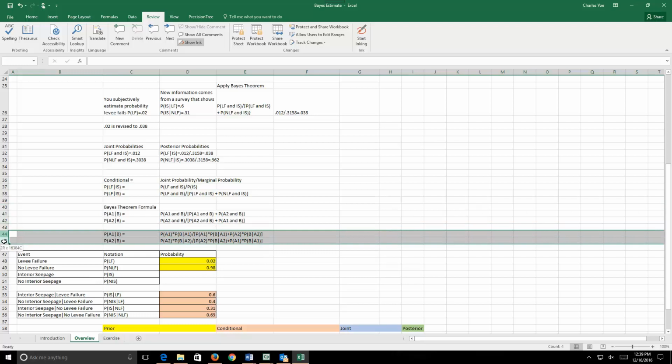In rows 44 and 45, we present Bayes' theorem in a slightly different form, using some information about the joint probability that was also obtained from the video lectures reviewing our probability ideas.